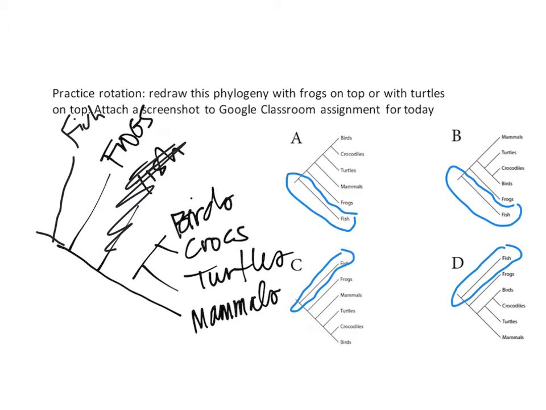How are we doing now? We've got fish branch first, frogs branch second, does everything else seem consistent between what's drawn on the right and the trees on the left?